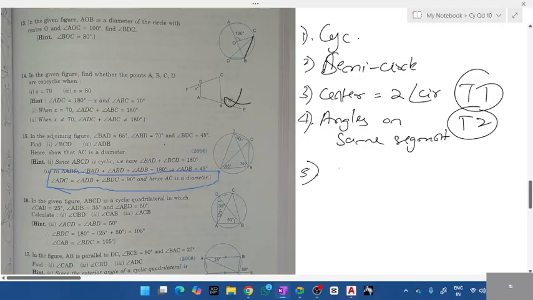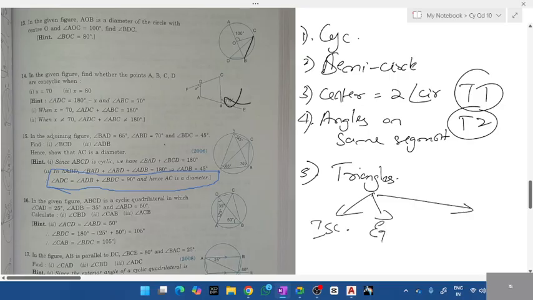Then fifth, go with triangles. In triangle, isosceles, equilateral, sum of interior angles of a triangle.